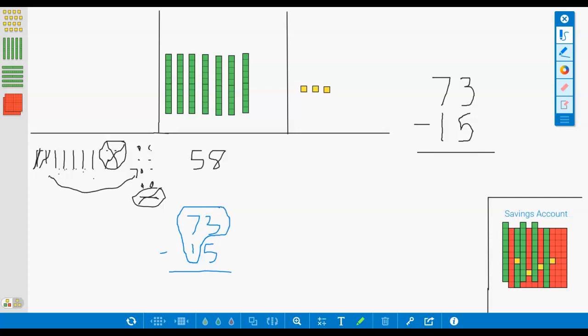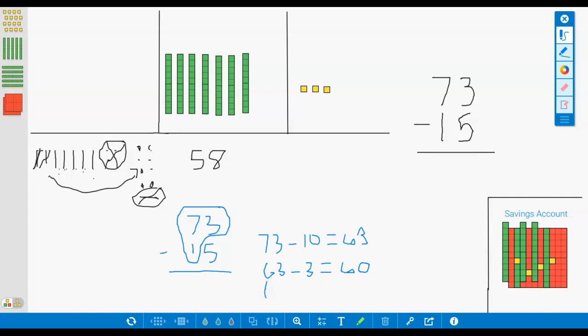I know that 73 minus 10 equals 63. So then I just have my 5 ones left. If I have 63 and I take away 3, then I'm left with 60. And I know that if I take 3 away from 5, I have 2 left.